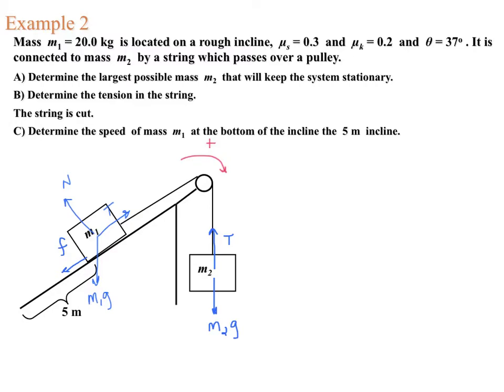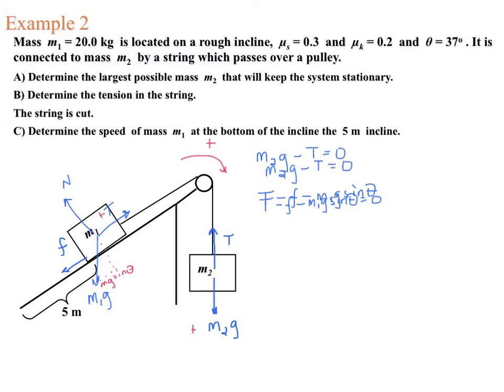So then I can write the sum of the forces, making sure that I make m2g positive and tension over here positive. Everything else, like m1g sine theta, will be negative. So my two equations look like m2g minus T is equal to 0, and T minus friction minus m1g sine theta is also equal to 0.